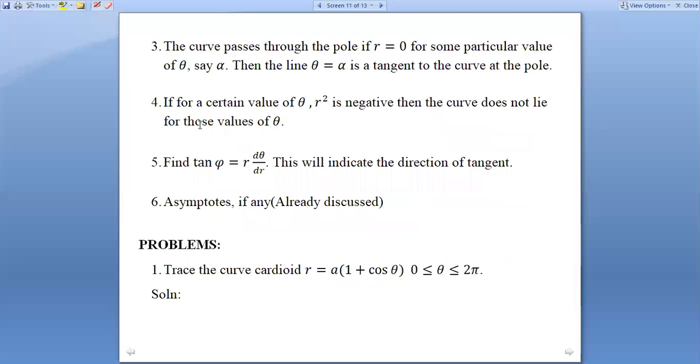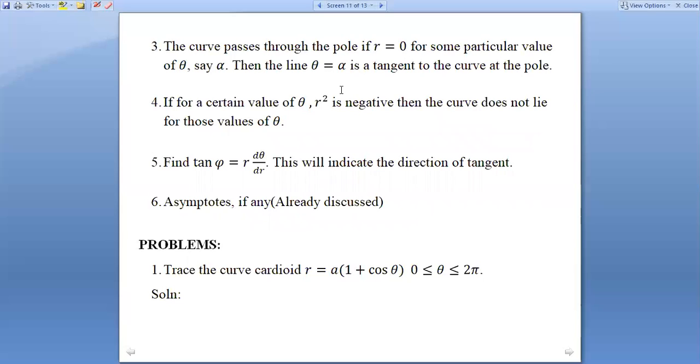Next is the curve. Suppose the curve passes through the pole, it passes through the pole only if r is equal to 0 for some particular value of theta. So at some particular value, if r is 0, then you say that the curve passes through the pole. Then the line theta is equal to alpha is a tangent to the curve at the pole.